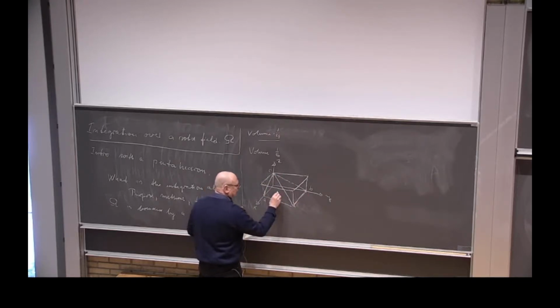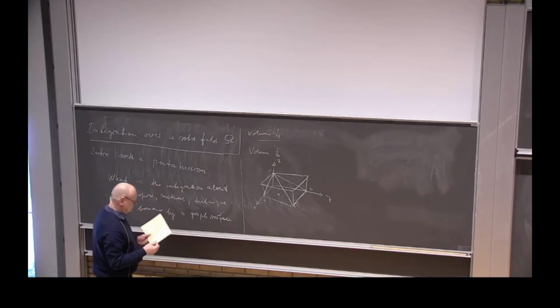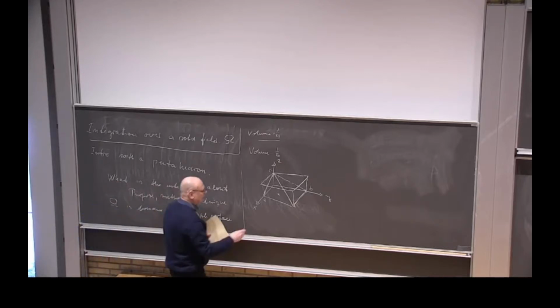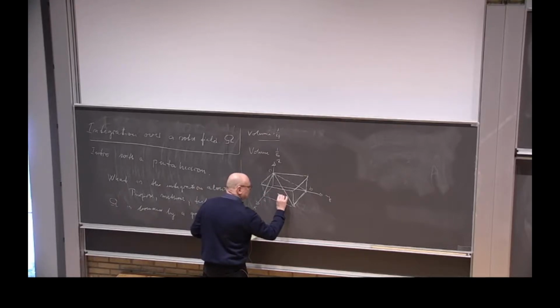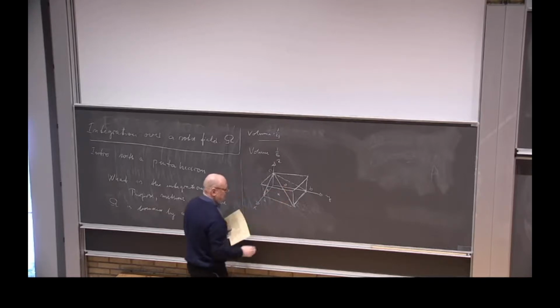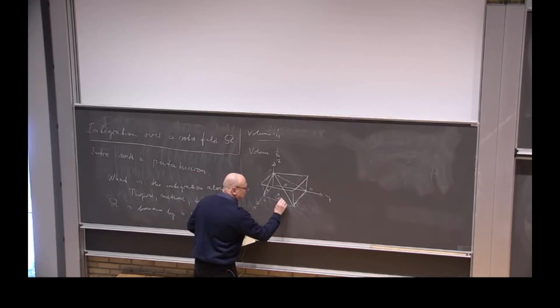And let me start by having a point in the xy plane. If I take this coordinate and let this be u and this be v, then this point here is u, v, 0.